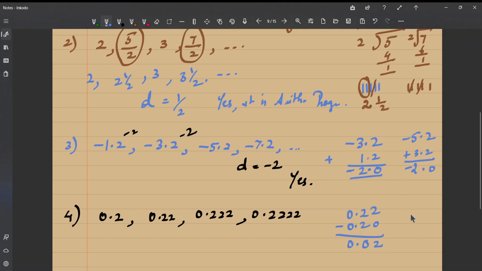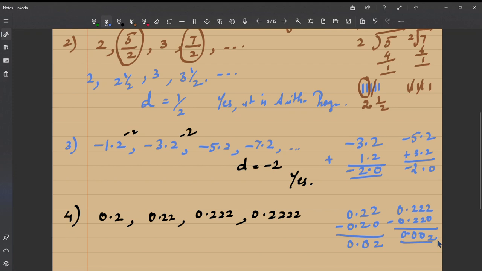And what about the next one? 0.222 minus 0.220, right? So 2 minus 0, 2. This is also 0. The next 2 minus 2, the 1/10th place is also 0. So 0.002. See, the difference is already not the same.